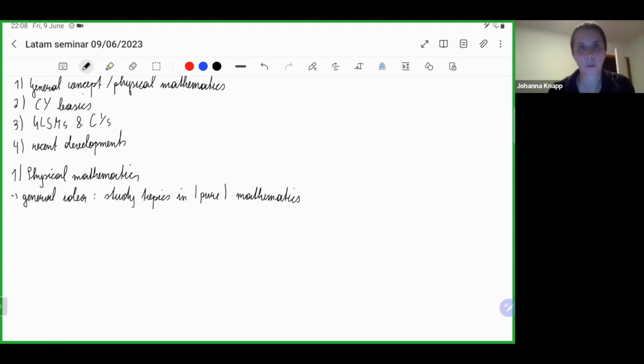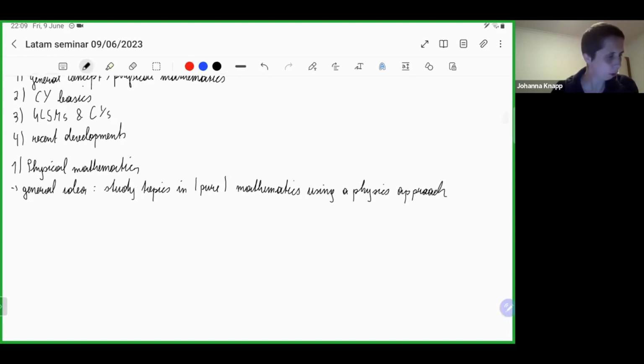Very often algebraic geometry, algebraic topology, enumerative geometry, something like that, using a physics approach. So it seems that physics understands mathematics very well, and we will make use of this.